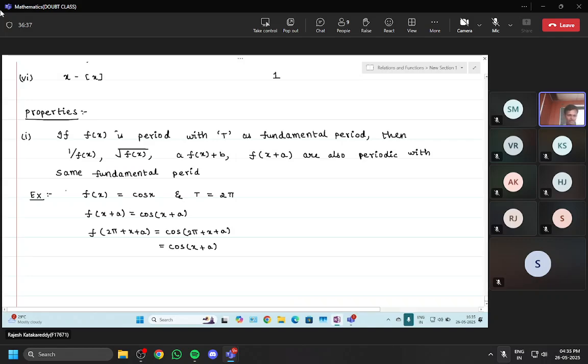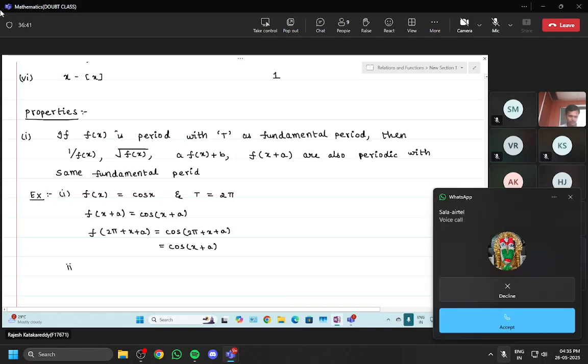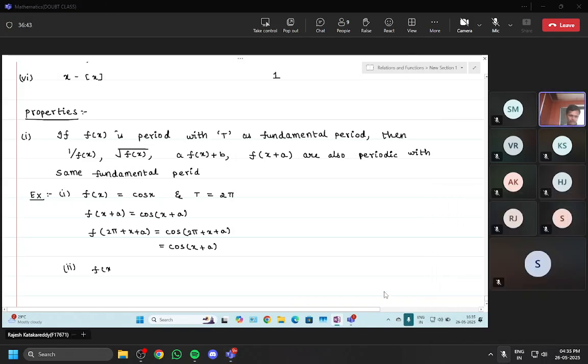Maybe if you want another example, you can take f of x equals tan x. Here T equals pi, we know. Now a into f of x plus b is equals to a tan x plus b. So here also the fundamental period won't change. We will get pi here. Clear?